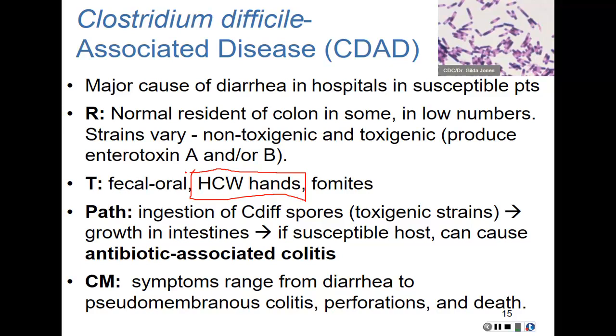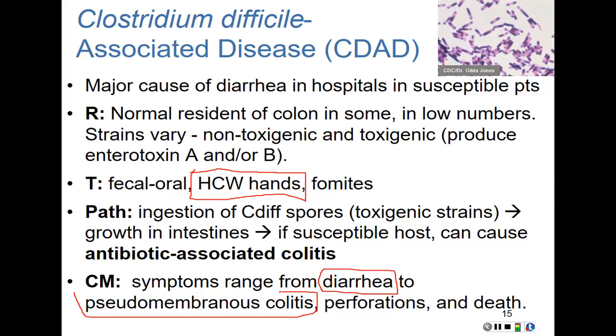But when you have toxigenic strains, we want to talk about some more severity. And one of those levels of severity is called antibiotic-associated colitis. And you see down here under clinical manifestations what we call pseudomembranous colitis. So this might be a situation where there's just a pretty foul-smelling diarrhea. Or it could also be what we call pseudomembranous colitis.